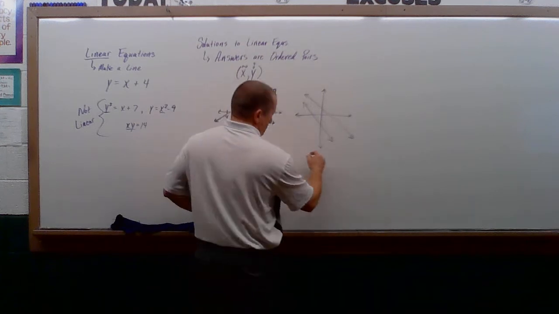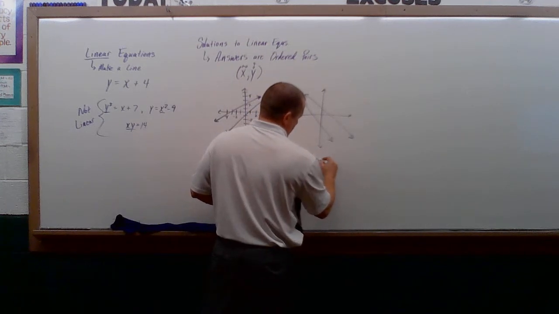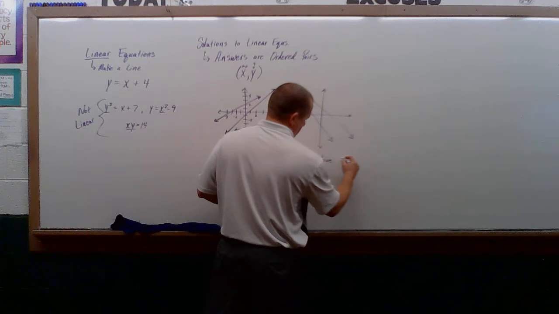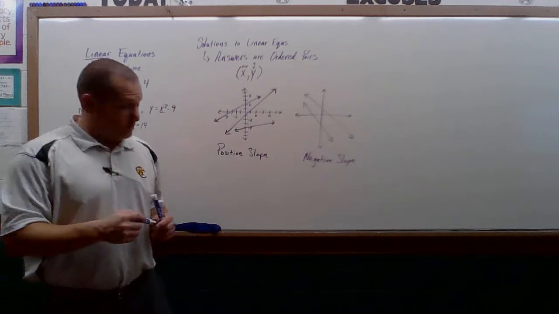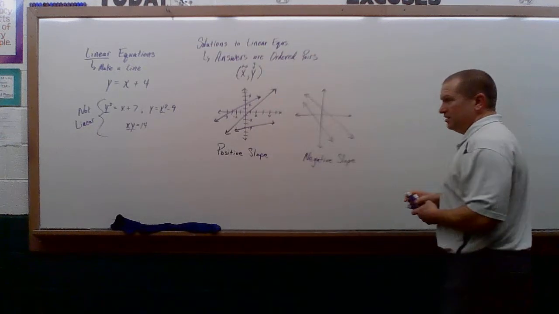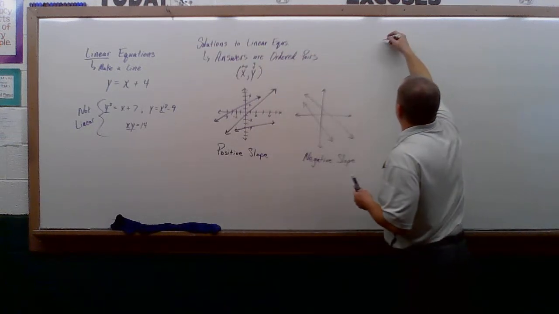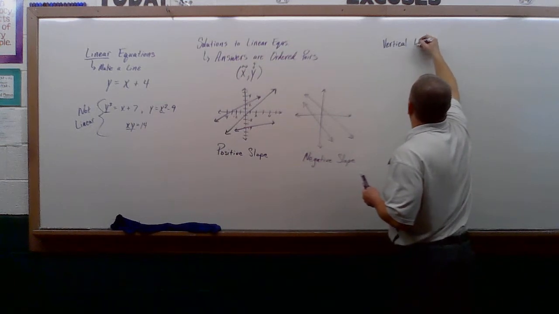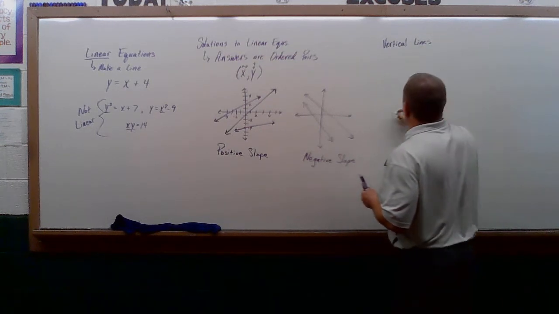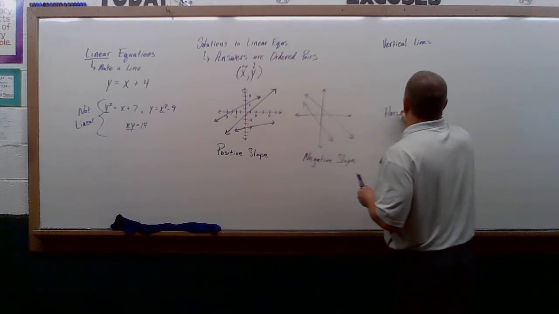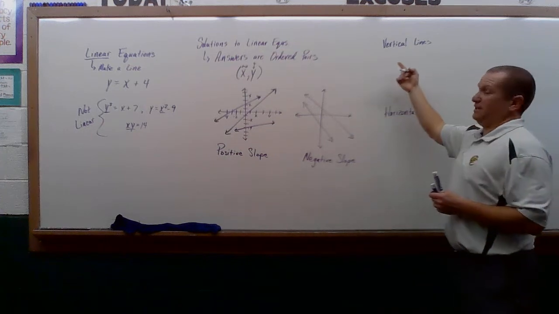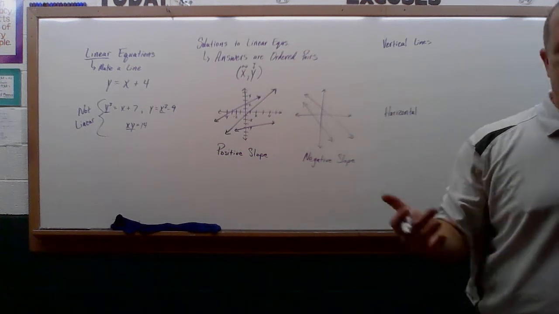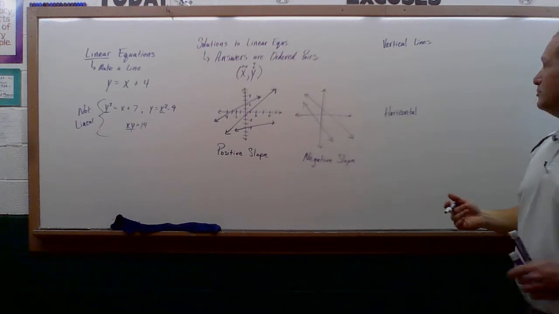And then we could have two other possibilities, which I would call special situations. Those special situations are vertical lines and horizontal lines. If you think about those two words, vertical means just like you would think in basketball, about your vertical jump.